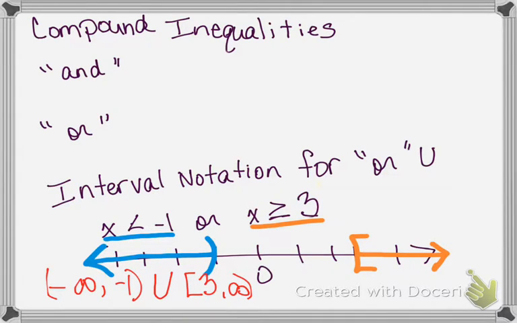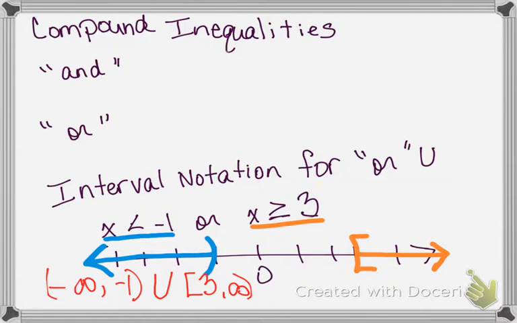So I want to point out just a couple things right here. Okay? This is written as an inequality right here. X is less than -1 or x is greater than or equal to 3. That's an inequality. This is my number line. And I have graphed this using my number line. This is my answer in interval notation.